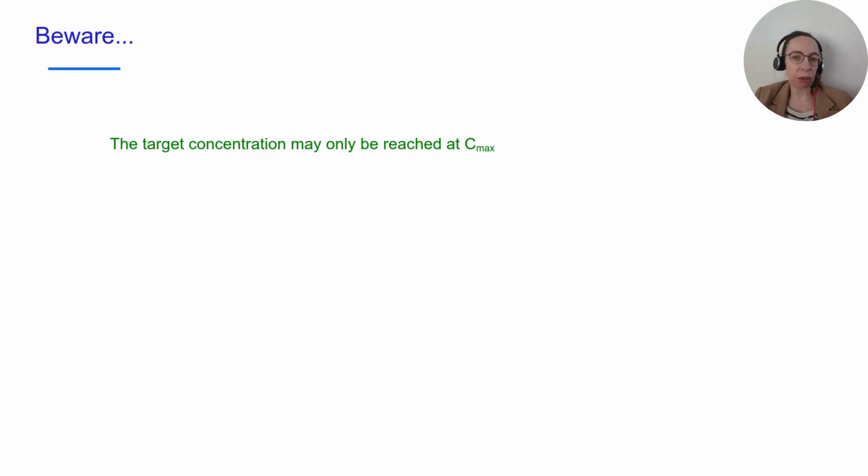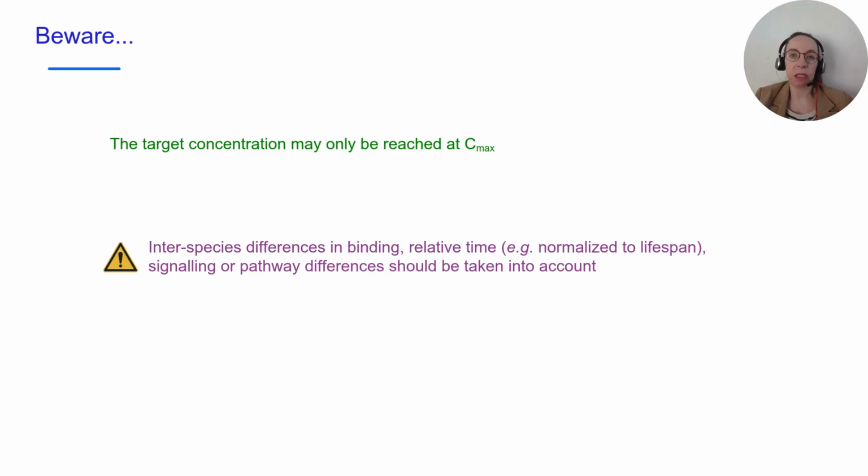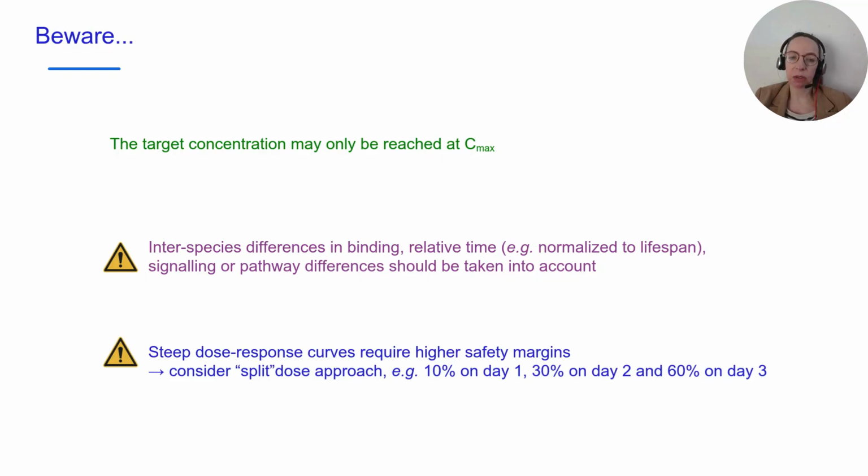As you are using animal data, it is crucial to consider interspecies differences in binding to the target, age of the animals, which may be very different between an animal and a human, differences in pathway as well. For steep dose response curves, it is also crucial to consider higher safety margins.